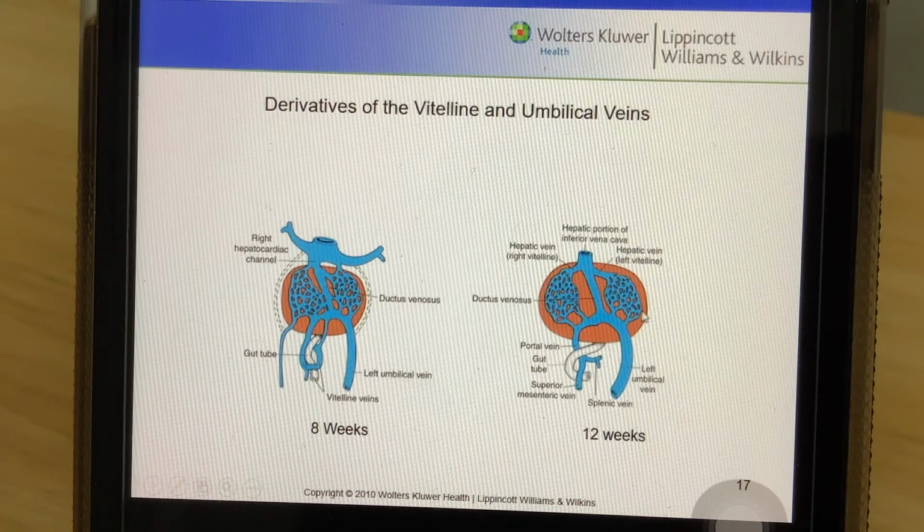In this slide, still on the derivatives of vitelline and umbilical veins, after contributing to the development of hepatic or liver sinusoids, the proximal portion of both umbilical veins degenerates.